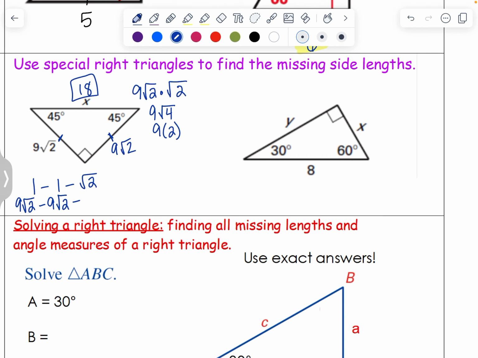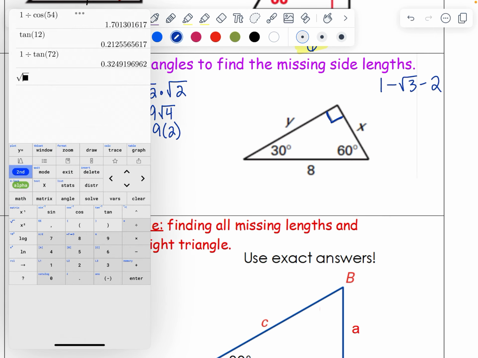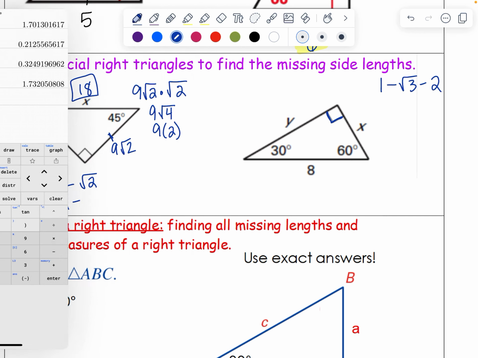This one is similar to our last example with the 30, 60, 90. The 8 is across from the right angle, so that is our hypotenuse. It's 1, square root of 3, 2 for this one. And it goes in order because square root of 3 is like 1.7, so it's 1.72. So the two legs, it goes to the biggest.